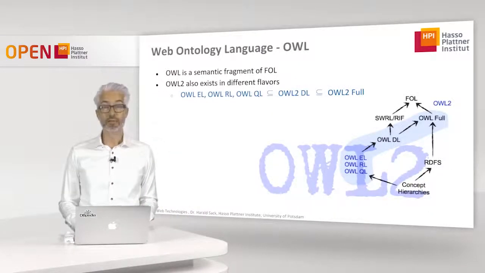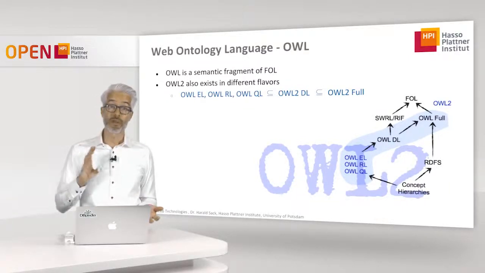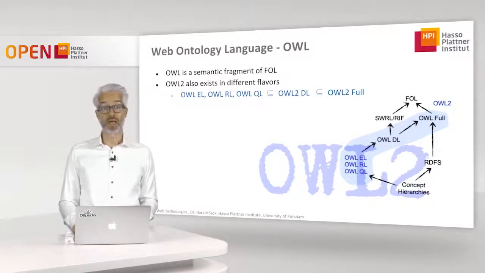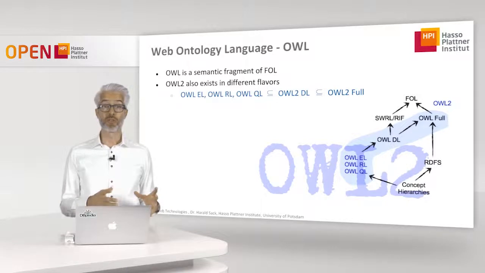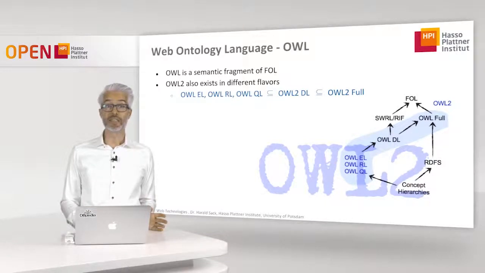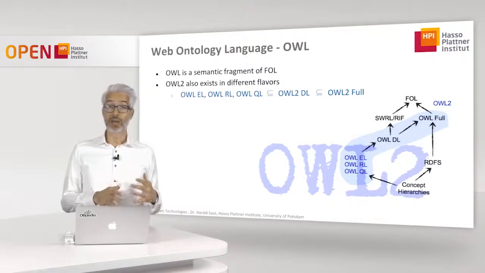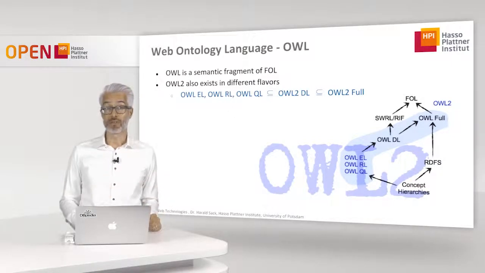Let's have a look at OWL2, the variant of OWL we are talking about. Also, OWL2 exists in different flavors, and again, you have the same kind of hierarchy. In the lower end, you have 3 different dialects, which are OWL-EL, OWL-RL, and OWL-QL. 3 different styles of OWL, which are a bit more restricted than OWL2DL, which stands again for the description logics version.